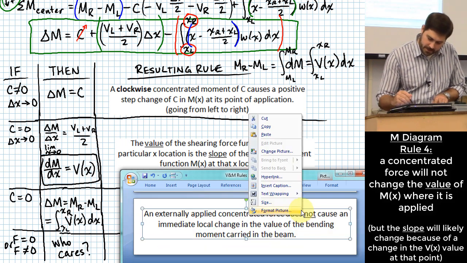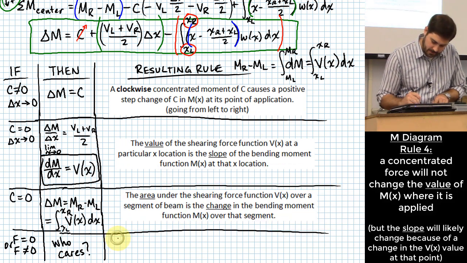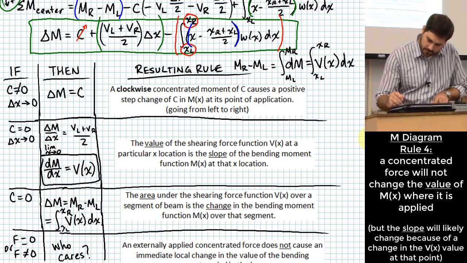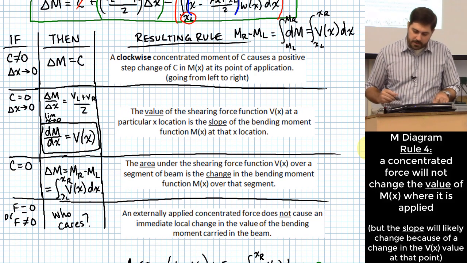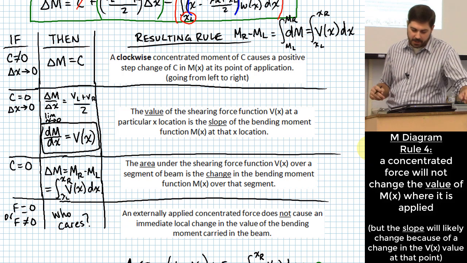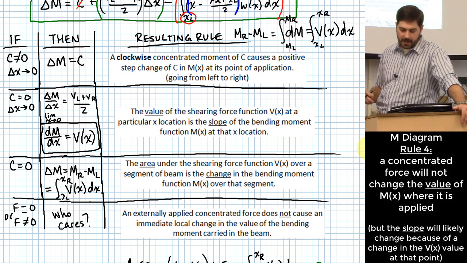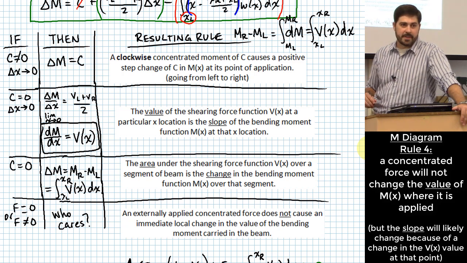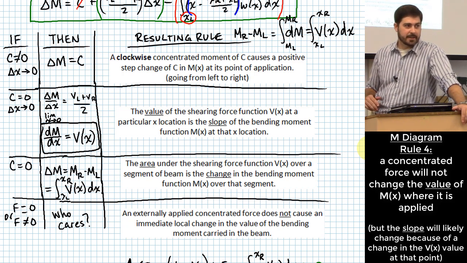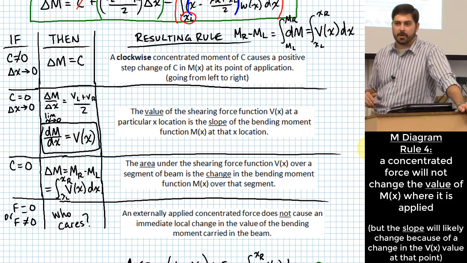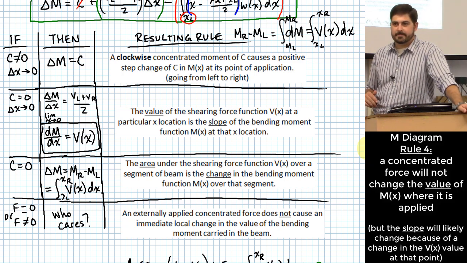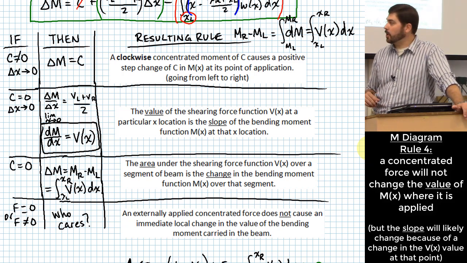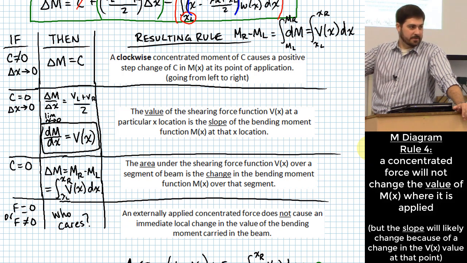Okay. An externally applied concentrated force does not cause an immediate local change in the value of the bending moment carried in the beam. I worded that carefully as well, right? Does it cause a change in the bending moment of the beam? Yes, it does, because it causes a change in the V of x function, right?